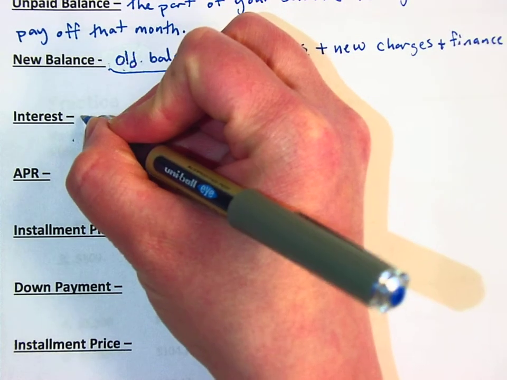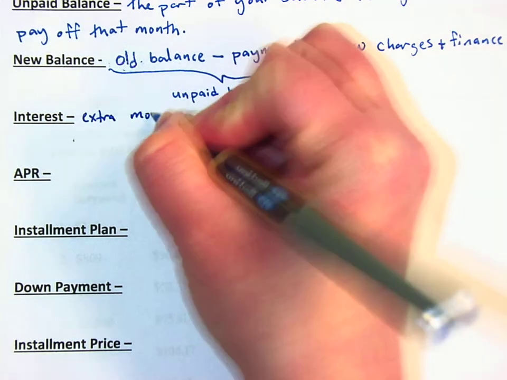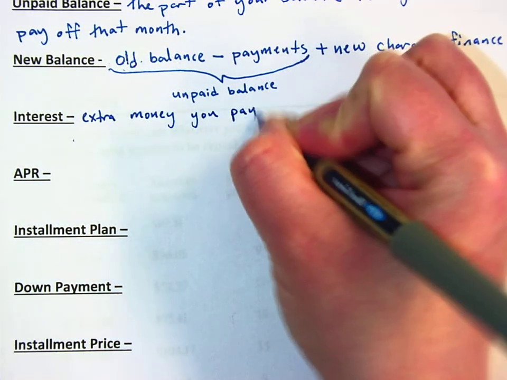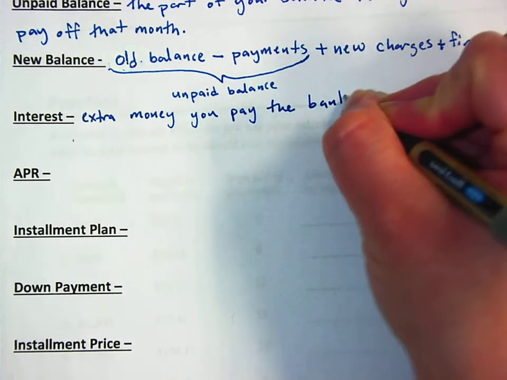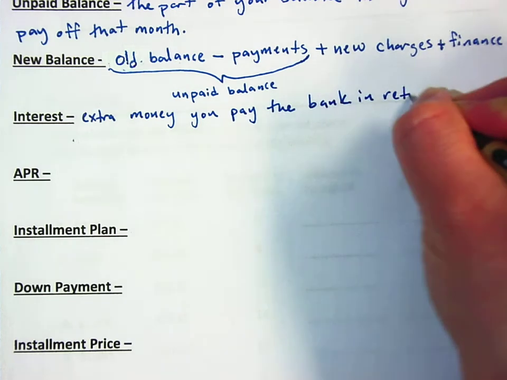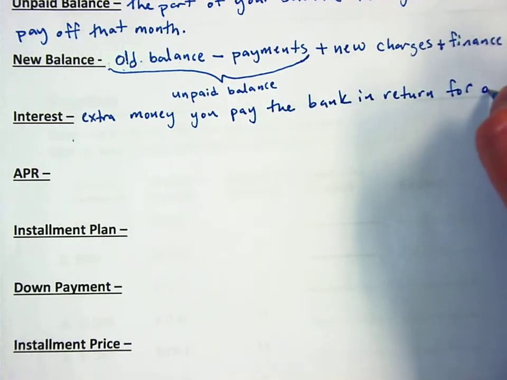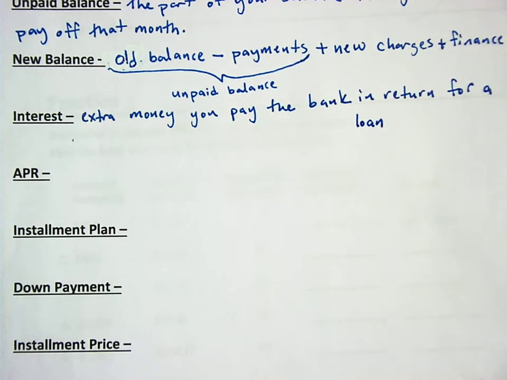So interest is extra money you pay the bank in return for a loan. And remember, a credit card is a short-term loan, so you might need to pay interest on your credit card if you don't pay it off every month.